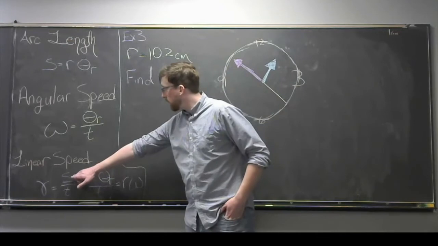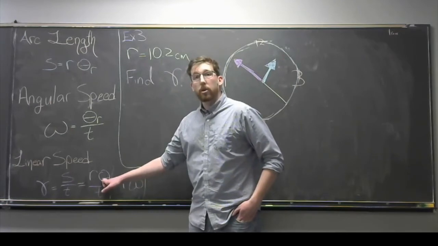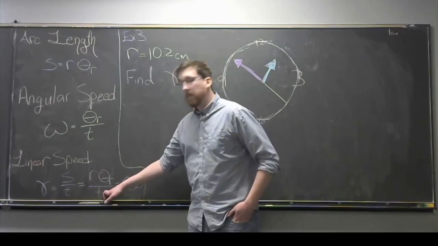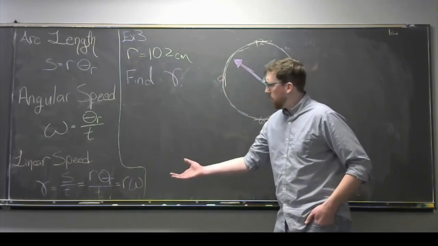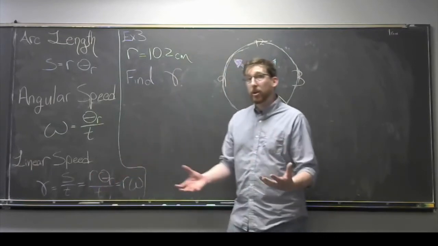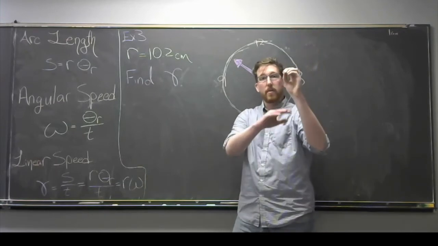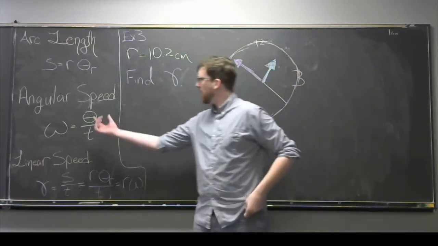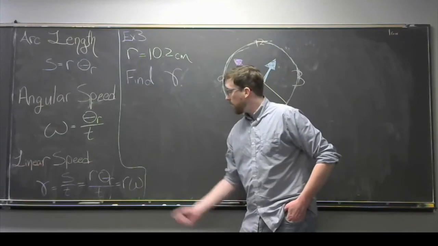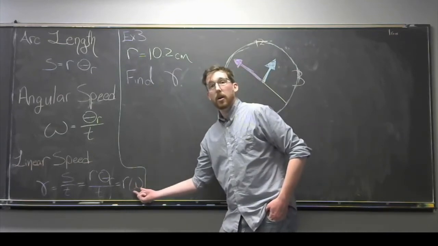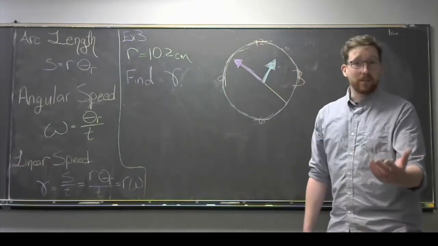So if we rewrite linear speed using r times the angle in radians, all divided by time, we can rewrite that to be r times the fraction, our angle in radians divided by time. Well, that fraction, that's angular speed. So we can rewrite linear speed in the form radius times angular speed. So we actually have three different equations that we can be using.